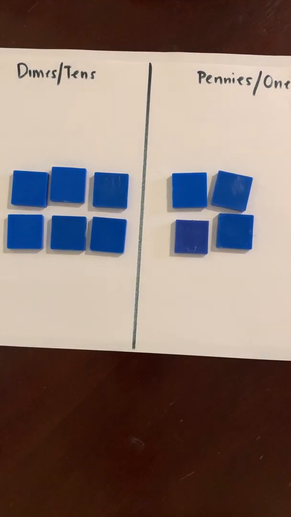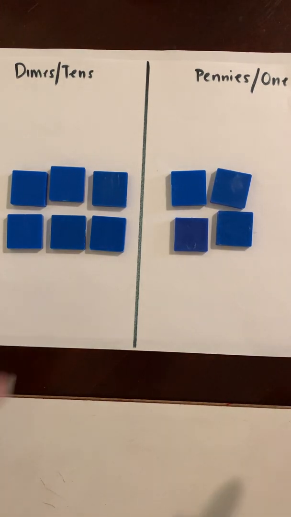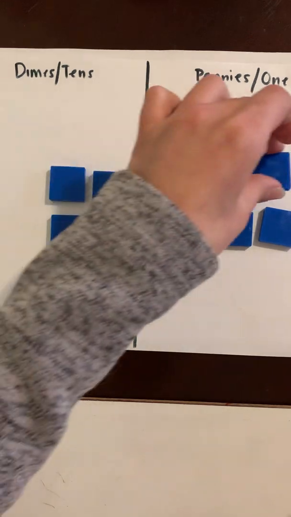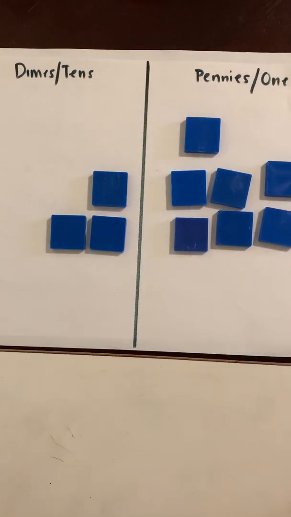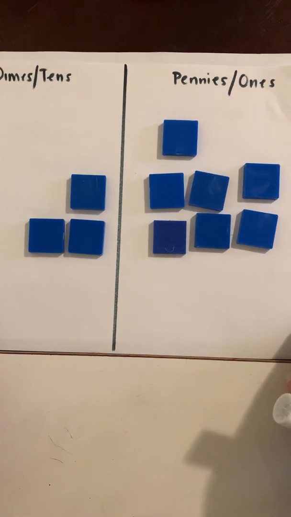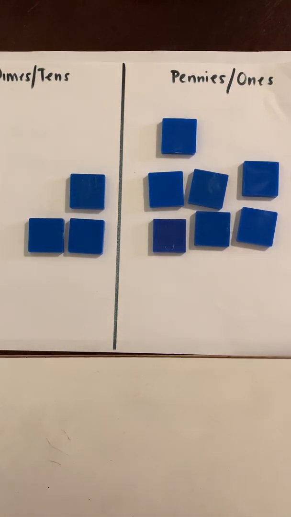Now I want you to put 7 tiles on the right and put 3 on the left. Is the left side still greater than the right? No, there's more on this side. Imagine if those were blueberries. Definitely want 7 blueberries compared to 3.